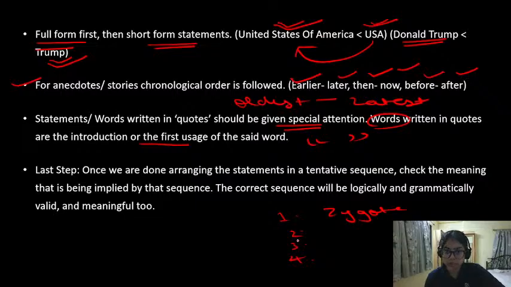All the 4 statements have the word zygote. There is one statement that has zygote in double inverted commas. So that indicates that that is the first time zygote has been introduced in the word or in the paragraph. Okay, so that therefore can be a giveaway that this could be my opening sentence, right? So if you find a double inverted comma word, बाकी सारे words में से वो वाला word का पहला usage है वो.